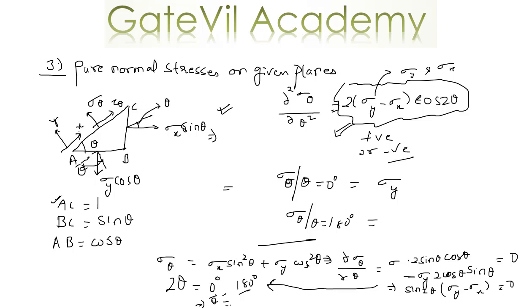So your theta will have 0 degrees or 90 degrees. Your sigma theta for theta equal to 90 degrees will give you sigma x. So the values of sigma theta will be between sigma x and sigma y.